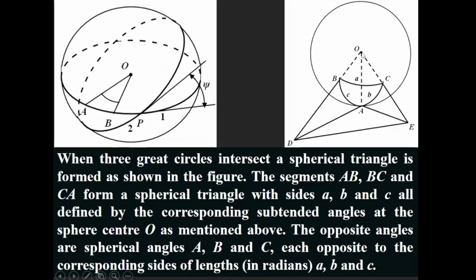So what I showed is that we join the center of the sphere with this point B and extend it, and it meets the plane which is touching at point A. Similarly, this line.